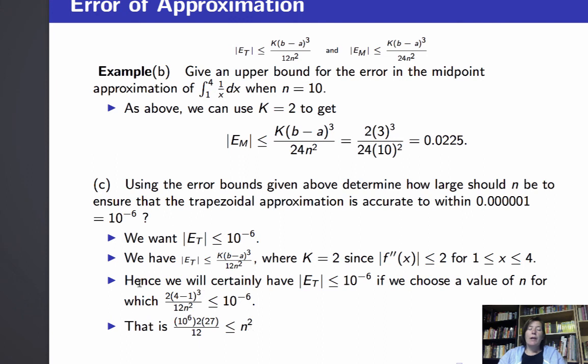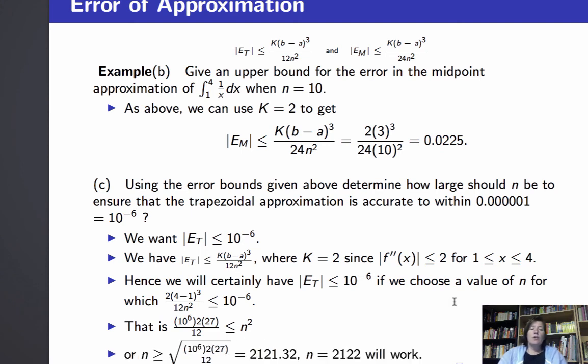And now multiplying across by 10 to the 6, we're looking for an n so that n squared is bigger than or equal to 10 to the 6 times 2 times 27 over 12. And of course, the square root of the number on the left there is 2121.32.